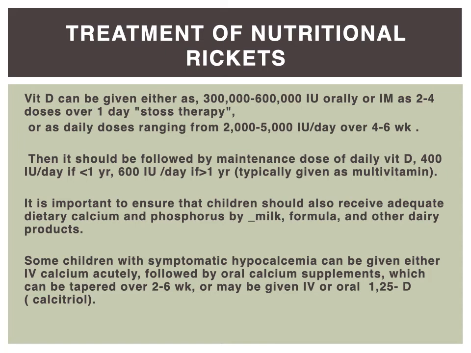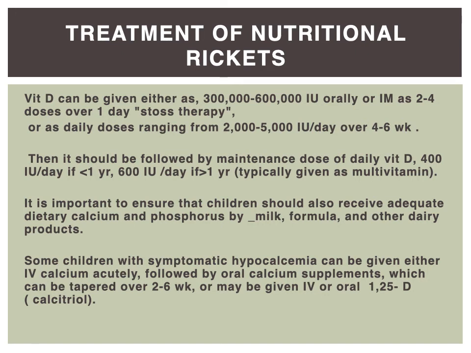Treatment of nutritional rickets. Nutritional rickets is treated by vitamin D, given in a therapeutic dose. We have different regimens of treatment. We either give the patient a daily oral therapeutic dose of vitamin D in a range of 2,000 to 5,000 international units per day over about 1 month to 1.5 months.